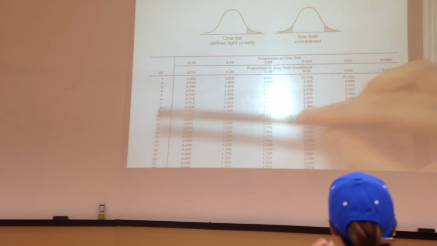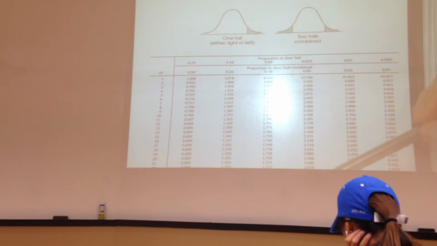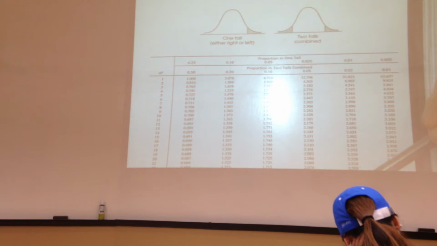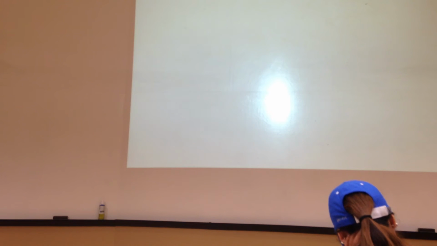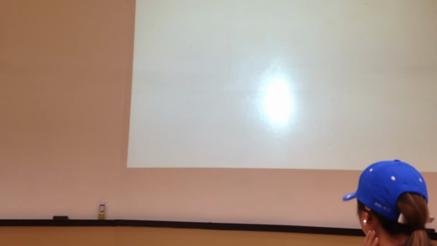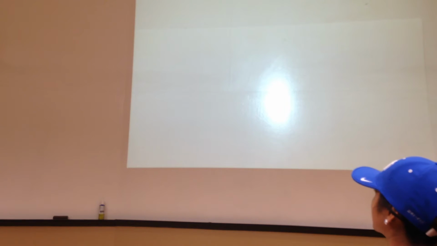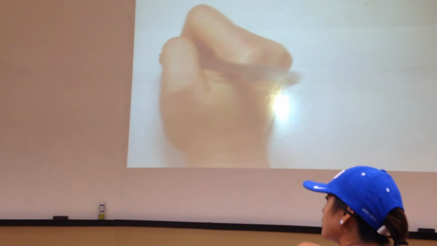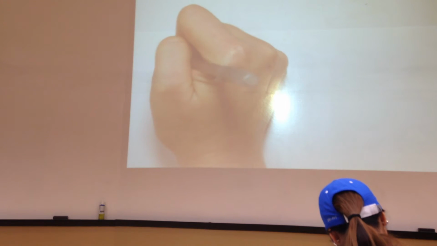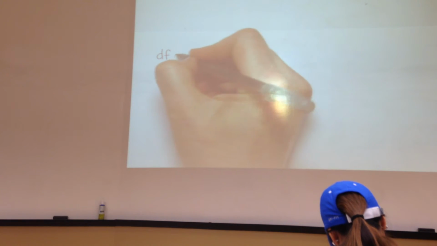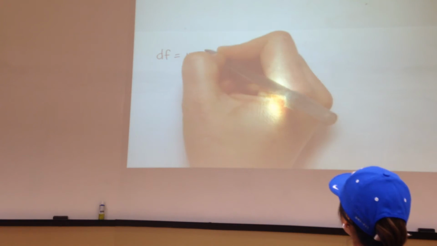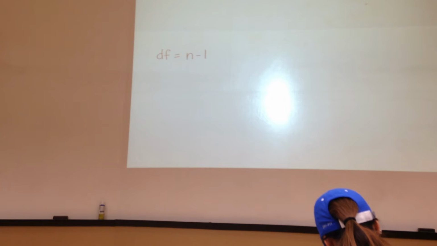So we've got to figure out what degrees of freedom is the right degrees of freedom to use for this test. All right. So, you guys remember from 3510 calculating degrees of freedom as the sample size minus 1? Remember doing that?